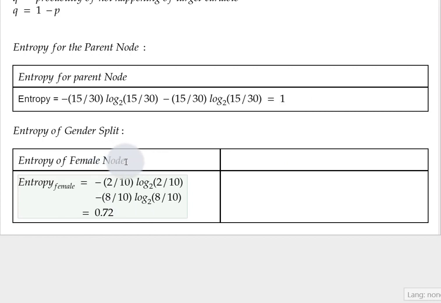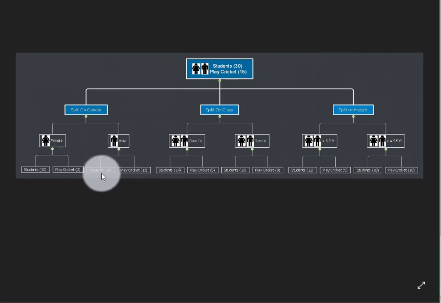Similarly, let's calculate the entropy value of the male node. I'll copy this one over here. The entropy of my male node will be calculated in a similar fashion. Looking at the data, there are 20 male students, and among them 13 play cricket.